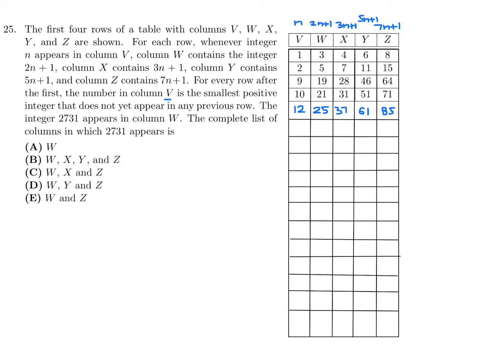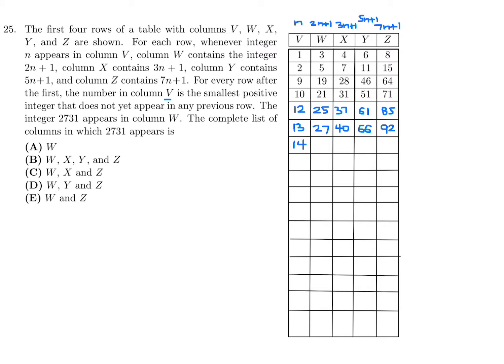So what's the next one? Well, the next one is 13, because 13 doesn't appear anywhere in this row, this row, this row, and so on, right? And figuring out the other ones is easy. It's just 2n plus 1, 3n plus 1, and so on. So this will be 27, 40, 66, and 92.